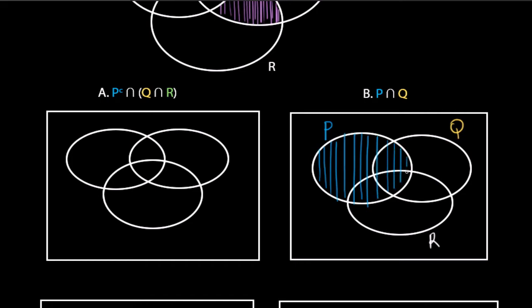And then the whole of Q, so this is P while this is Q. Let's represent Q with horizontal lines. So this is the whole of Q that I'm shading here.